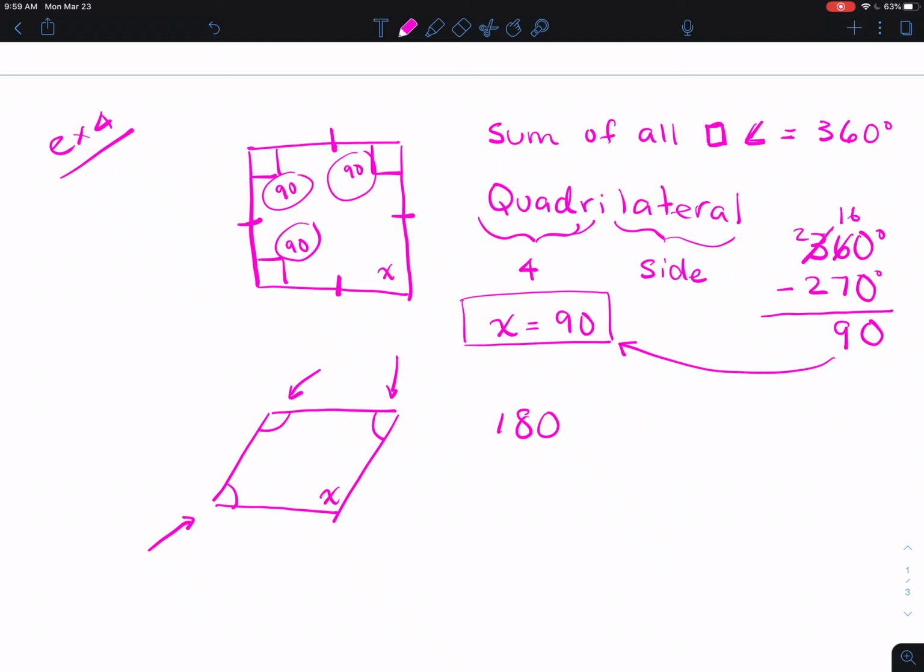Okay, so subtract, oh, did I say 180? Sorry, 360. Oh boy, 360. You subtract the sum of this one, and this one, and you're going to get your x answer, whatever it is here. You'll know what x is.